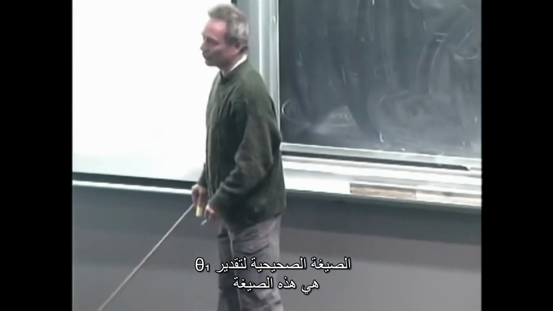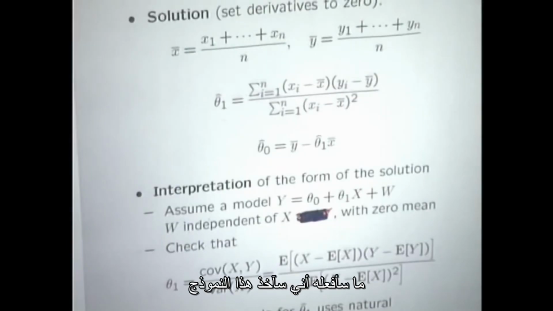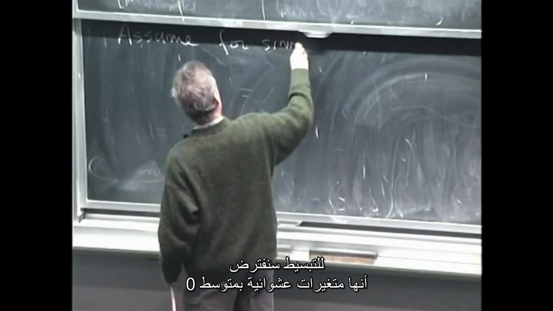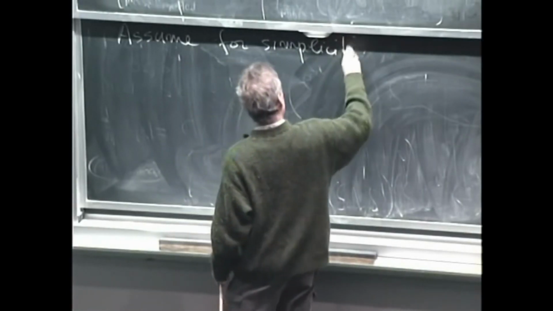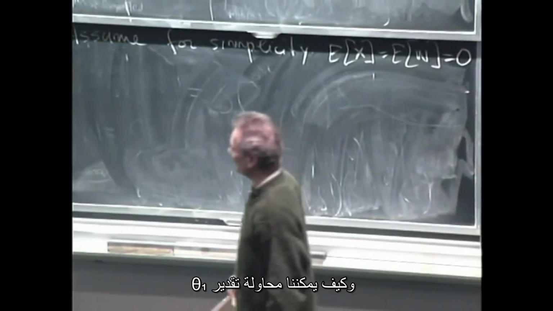The right formula for the estimate of theta 1 happens to be this one. It looks messy, but let's try to interpret it. What I'm going to do is take this model. For simplicity, let's assume that the random variables have 0 means, and see how we might try to estimate theta 1.